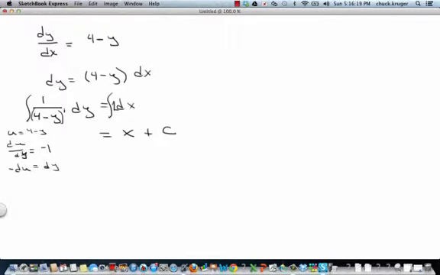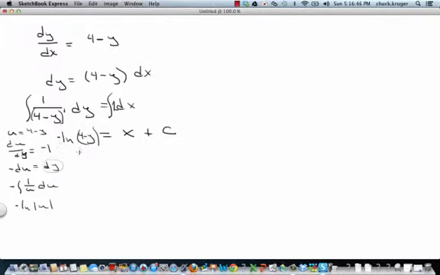So now I can substitute, and I'll have a negative 1 over u du. Remember that negative du is dy right here. And this is going to be the negative natural log of u. So up here I'm going to have the negative natural log of 4 minus y. Okay, and I only did this to figure out what this integral is.